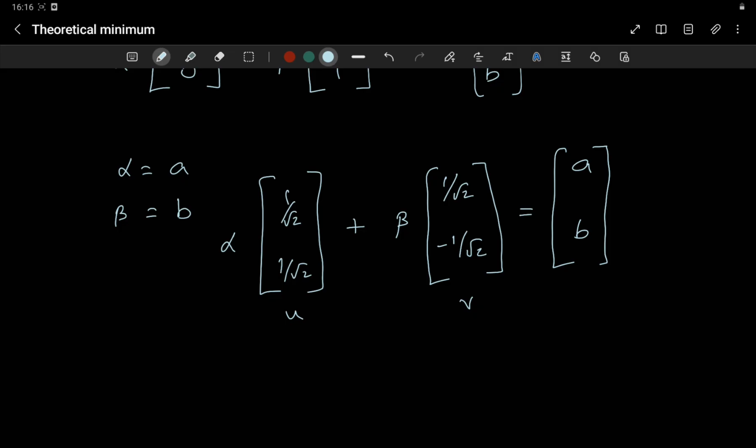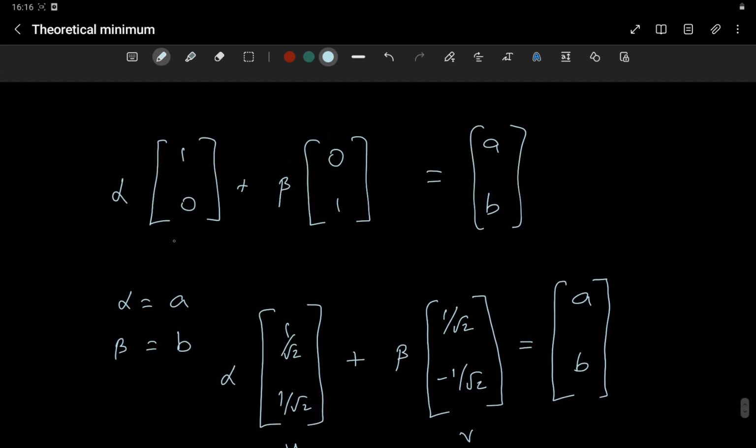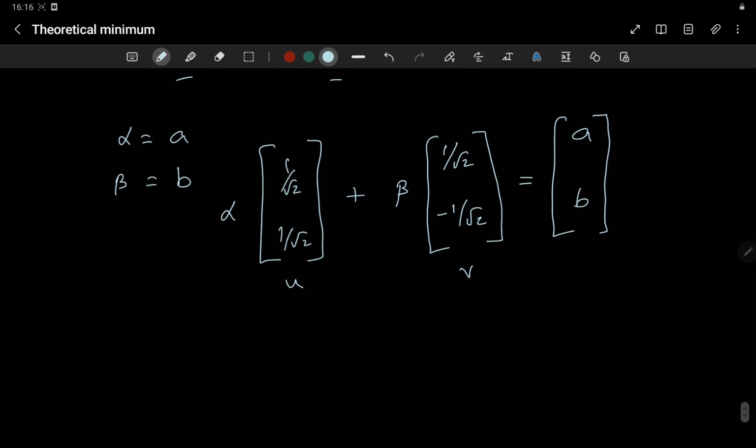So it is called an orthonormal basis. If I consider u and v as the basis, then it's a special basis, an orthonormal basis, not a unique one. There can be many orthonormal bases. For example, this is also one of them, and this is another. So what is the advantage of having an orthonormal basis?